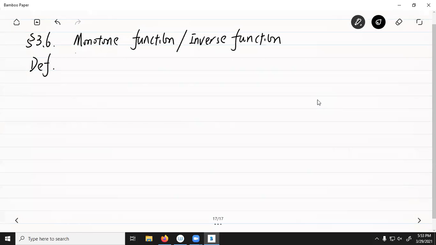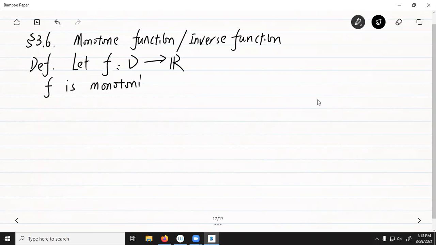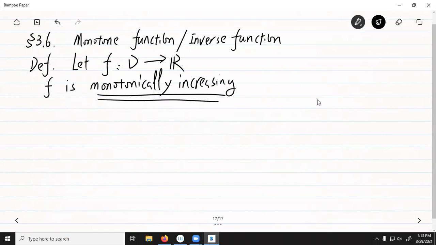We suppose that f is a function from D to R. We say that a function f is monotonically increasing if f of A is less than or equal to f of B for A less than B. If A is less than B, then f of A is less than or equal to f of B, it's called monotonically increasing.